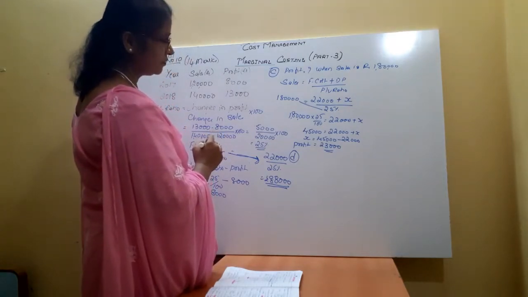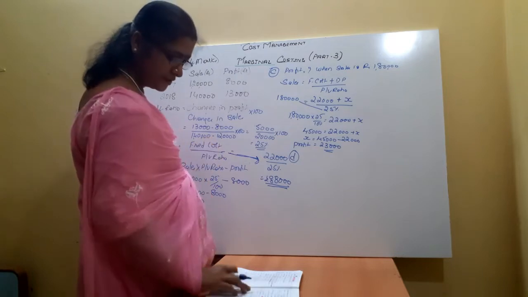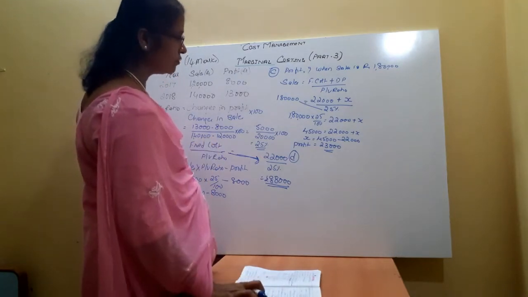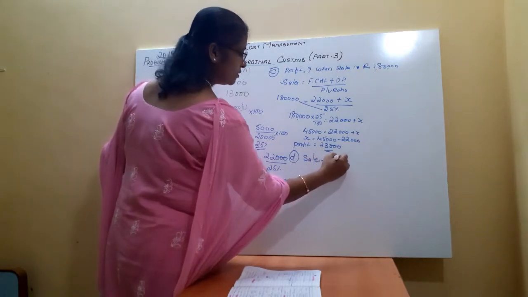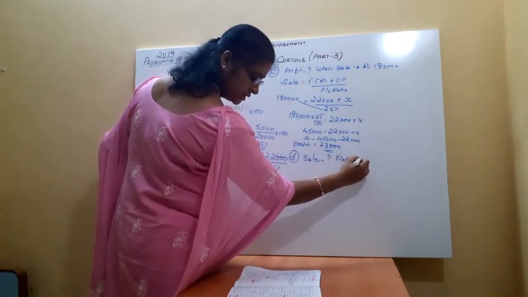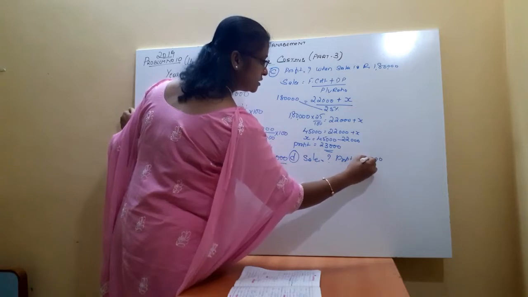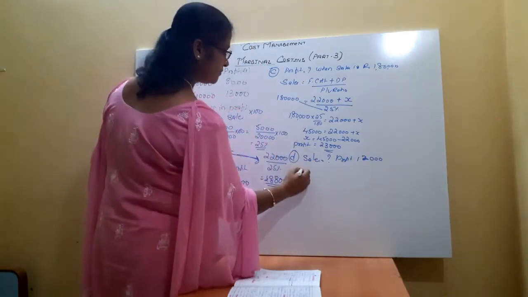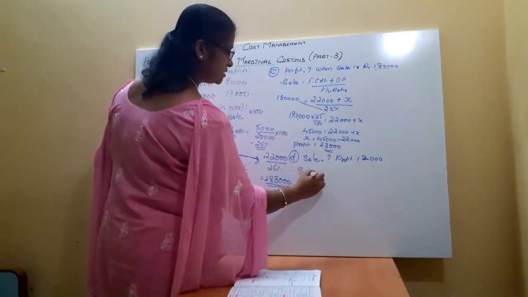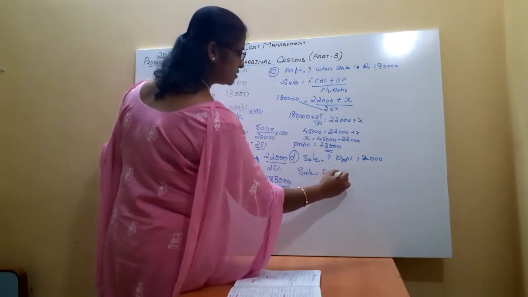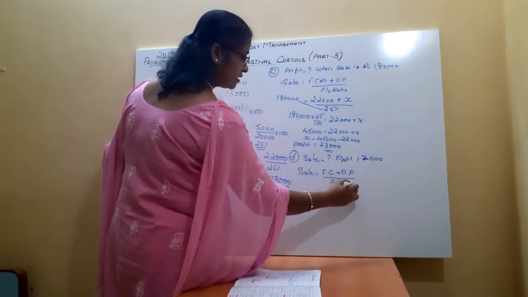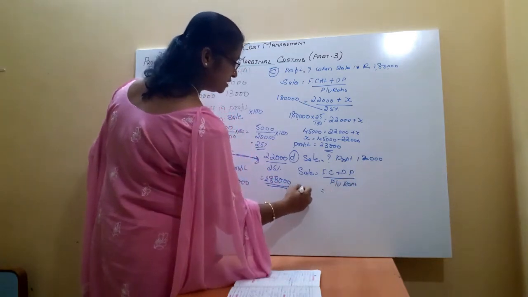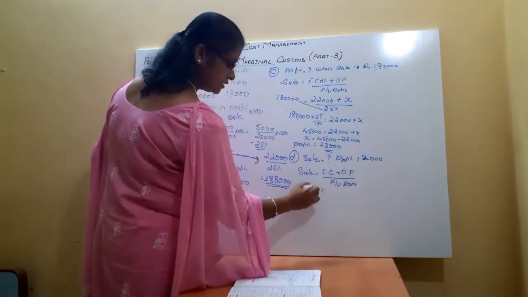Same thing they have asked you the other way, where they have given you the sales required to earn a profit of 12,000. So that is, we need to find the sales when profit is 12,000. So I said both the formulas are same. So sales is equal to fixed cost plus desired profit divided by PV ratio.